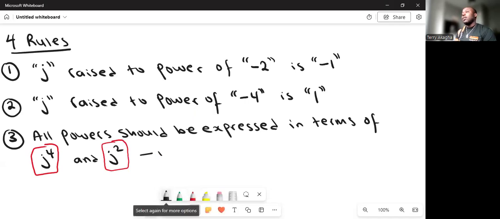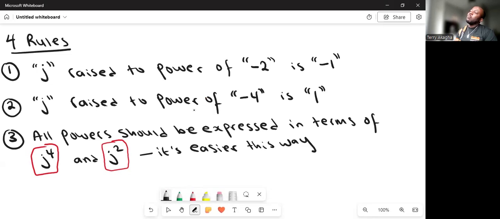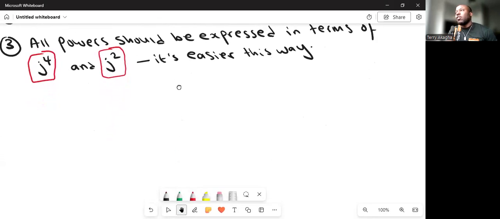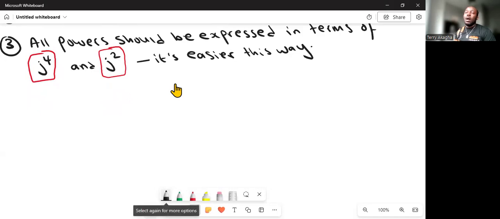Because it's easier this way. You might end up finding an easier method, but I usually find that expressing the powers using 4 and 2 as factors makes the simplification much easier to work with. But to use this, you have to ensure that you know the laws of indices very well, and you can play around with it.